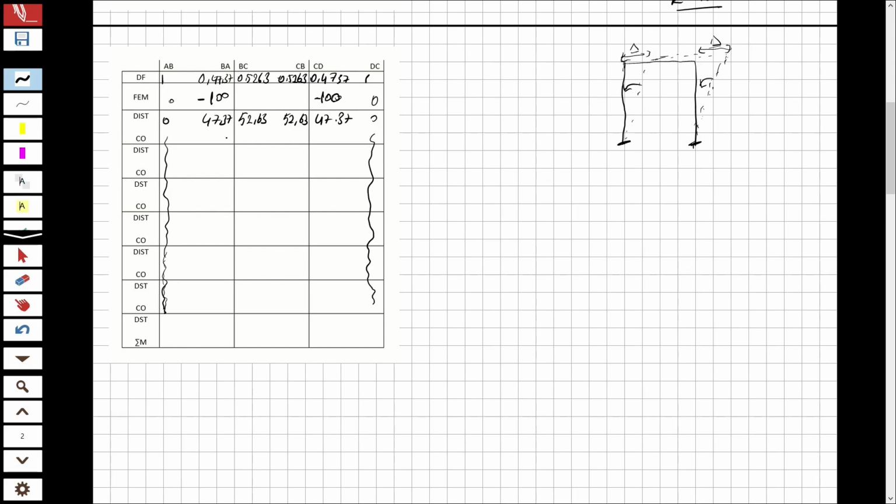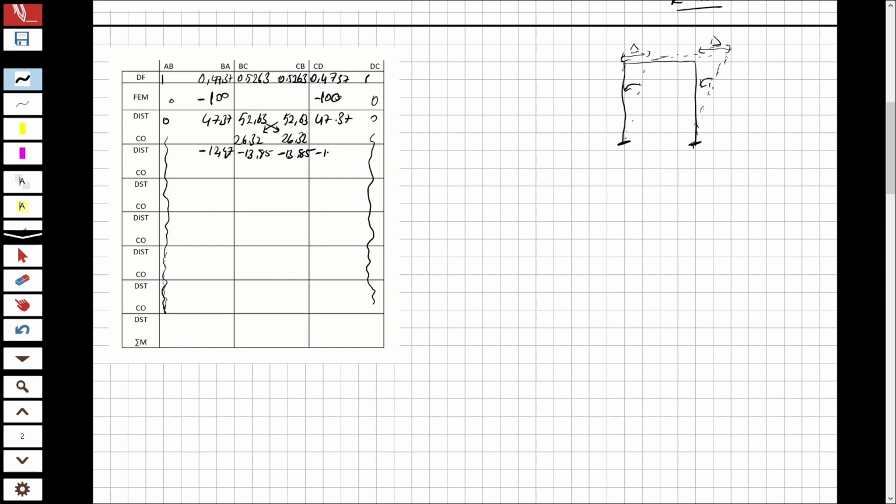Okay, so now I'm going to just make this carryover between these two moments. So let's do it. That will be 26.32, 26.32. And when I distribute at these ratios to here, take the negative of that also, 12.47, and this will be minus 13.85, and this will be minus 13.85.